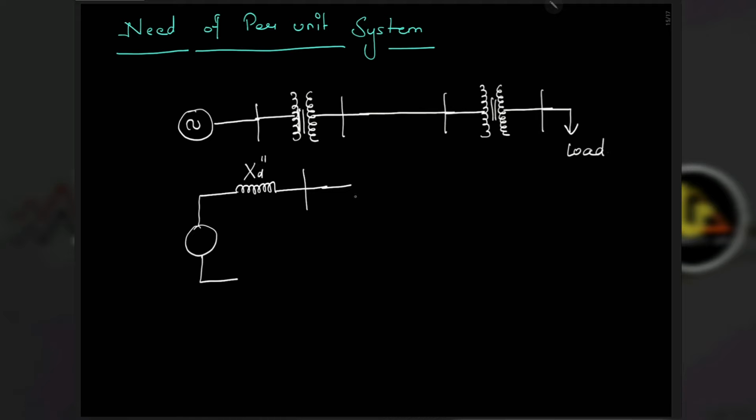So here I represent the impedance in the primary side of the transformer. So this will be the equivalent impedance referred to the primary side. Okay, and this is the transformer.